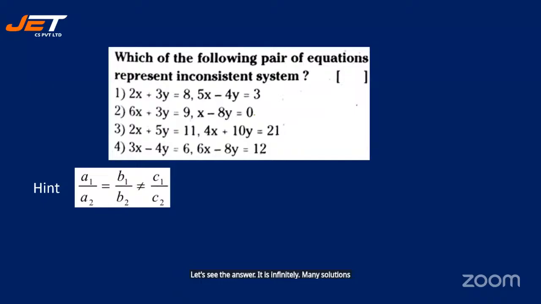Right, now see the next sum. Which of the following pair of equations represents inconsistent system? So the moment we say inconsistent means a1 by a2 is equal to b1 by b2, which is not equal to c1 by c2.